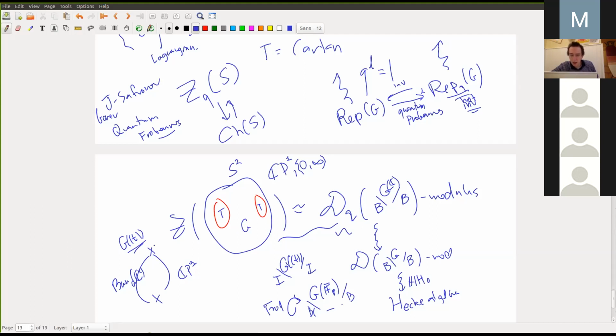And the Borel, what was G of t in the Johari story, here is just the Cartan with this correspondence. So do you have an idea how to see some kind of geometric Hecke correspondences on the right hand side?